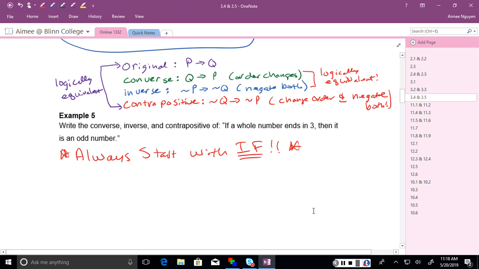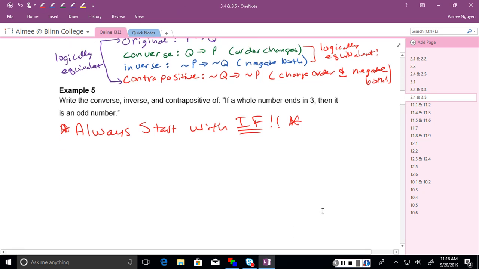So here we go. I have an original statement. My original statement is if a whole number ends in 3, then it is an odd number. If I want the converse of that, I'm just going to change the order, right? So it still starts with if, always starts with if. But now I'm going to have the second part.